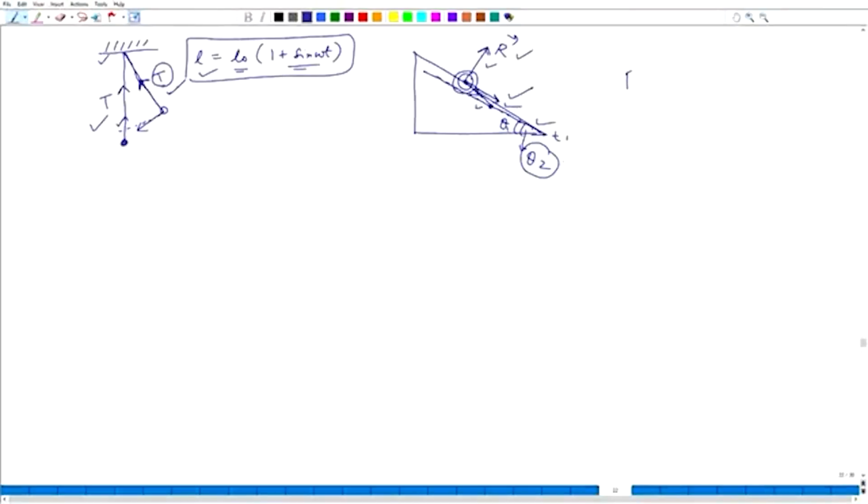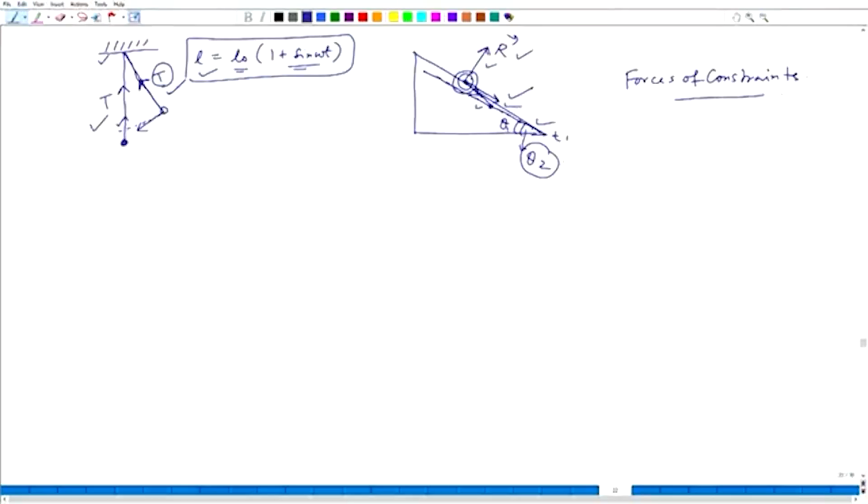So, these forces of constraints, in general, for our usual everyday problem associated with one particle motion, we see that they are actually perpendicular to the infinitesimal displacement of the particle. Just for example, here the reaction force, here the tension force.